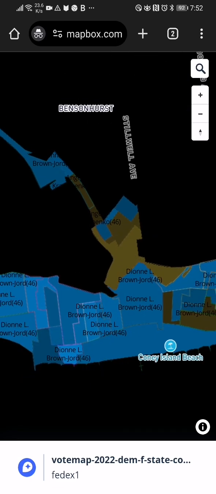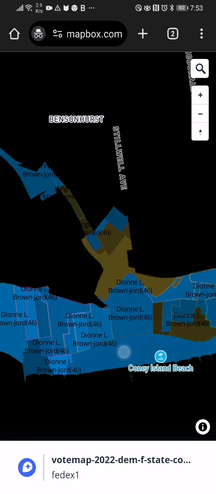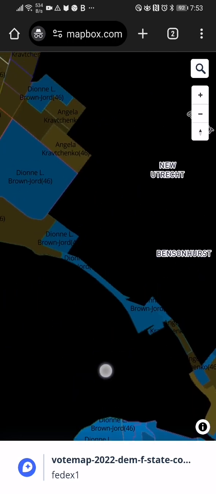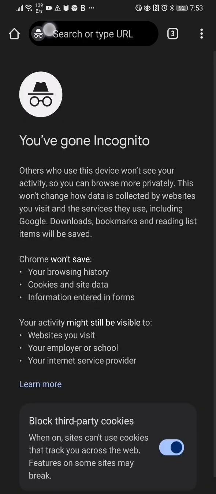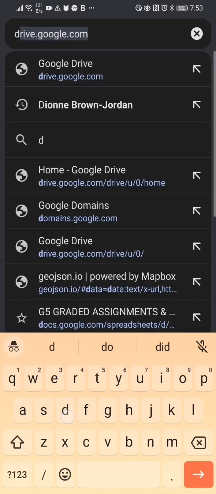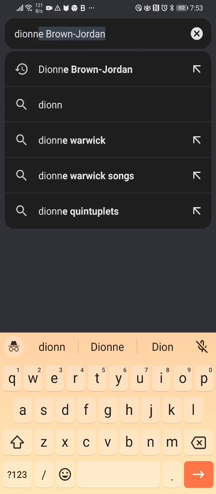Coney Island seems to be this Dion Brown Jord, right? And this was 2022, remember, so things may have changed. Some of these people get in the news. So if you look for Dion Jordan, that's probably her. Brown Jordan.